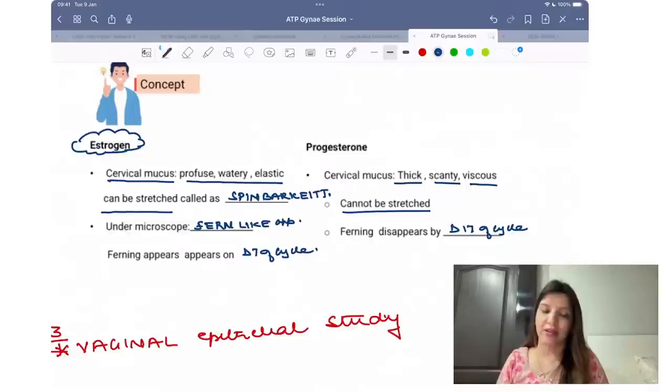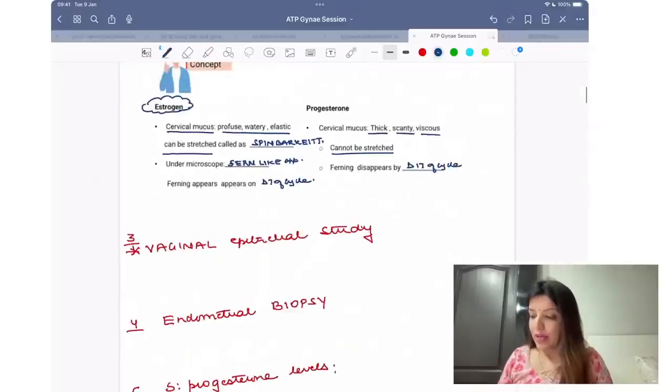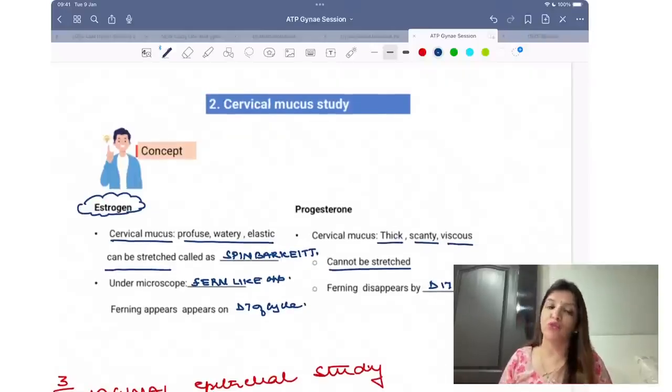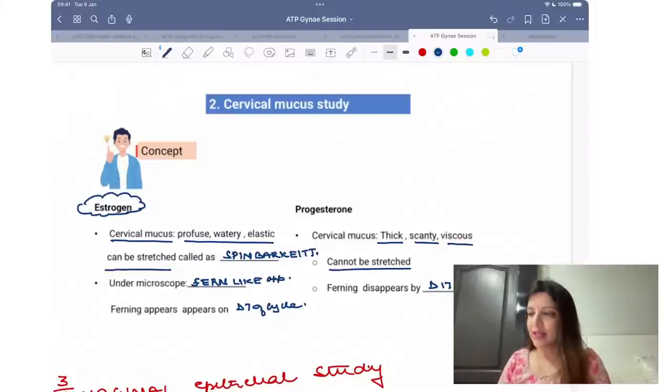Second half of the cycle में everything is happening in such a manner कि by chance fertilization हो गया है तो अब कोई और sperm ना पहुंचे. So that is why cervical mucus becomes thick, scanty, viscous. ठीक है? Okay. Now, so if you do a cervical mucus study, you can come to know whether a female has ovulated or not. Right?